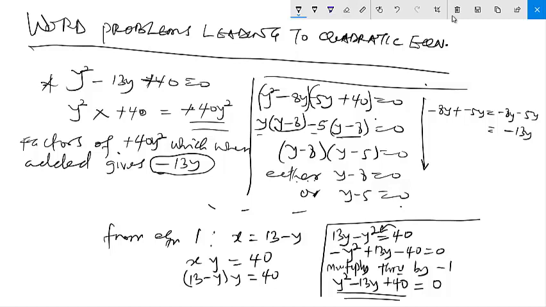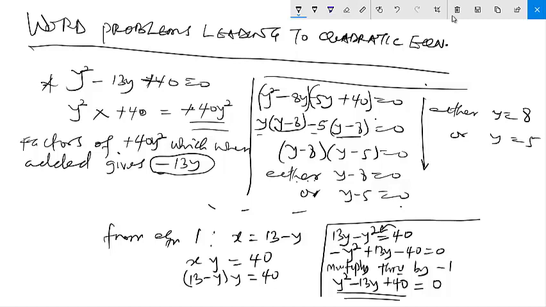So then we say or y minus 5 is equal to 0, which further translates to either y is equal to 0 plus 8, or y is equal to 0 plus 5.